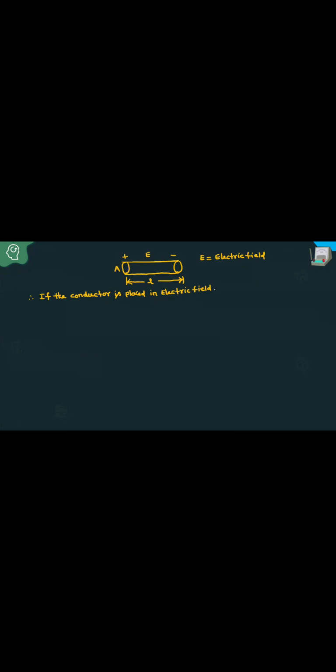Then what is the force applied on each electron? The force produced on each electron is F equal to minus e times E.